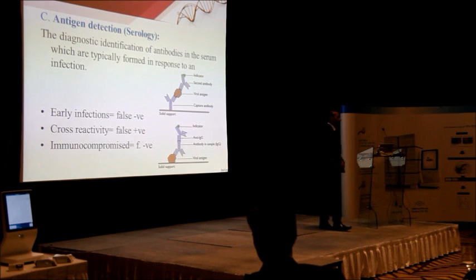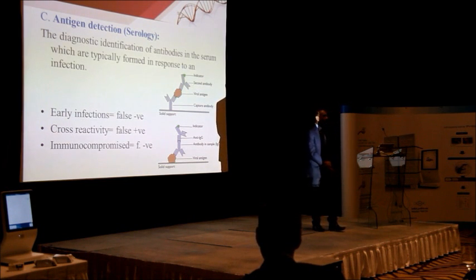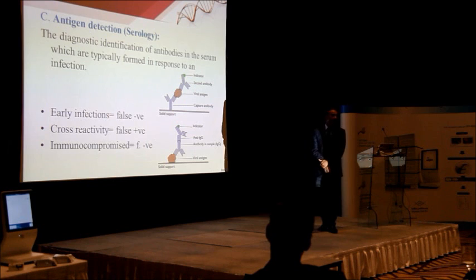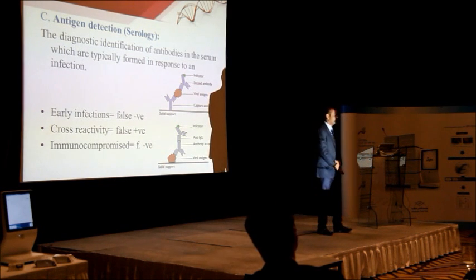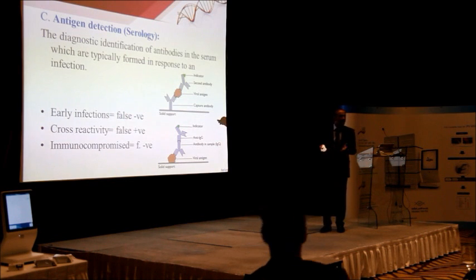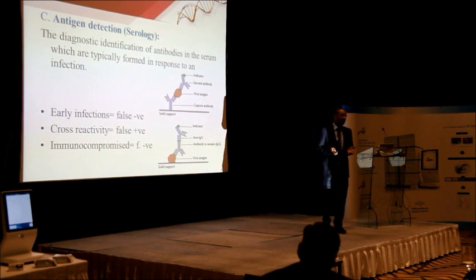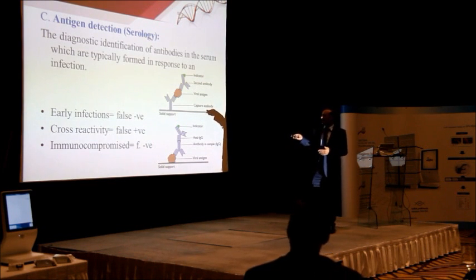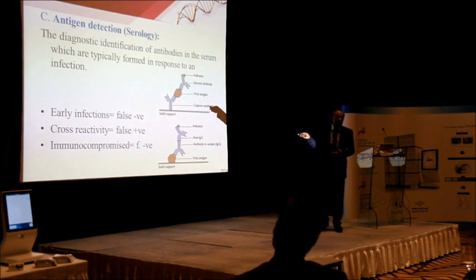Cross-reactivity is another problem with ELISA, especially in KSA, because we have dengue virus. If the patient is infected with dengue virus and you investigate him for hepatitis C, you may get a false positive, because dengue and hepatitis C are both from the same family, Flaviviridae, and there are similarities in some parts of the genome of both viruses. This causes cross-reactivity and gives you a false positive.